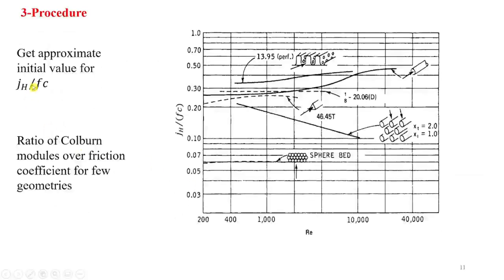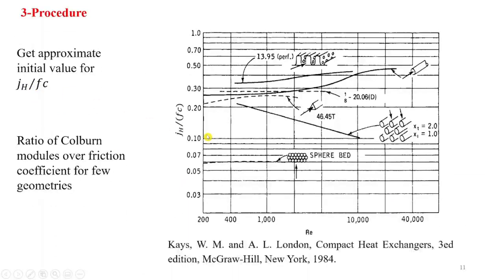The ratio of the Colburn modulus divided by the friction coefficient is shown in this figure, which is taken from the Kays and London Compact Heat Exchangers book. In this figure, which has also been explained in the gas-to-gas sizing of compact heat exchangers, we have Reynolds number on the x-axis, and on the y-axis the ratio of Colburn modulus divided by the friction coefficient for different geometries.